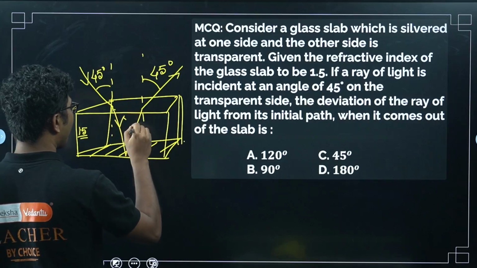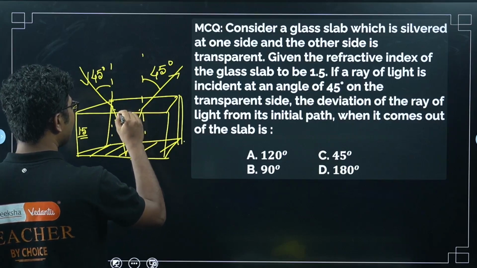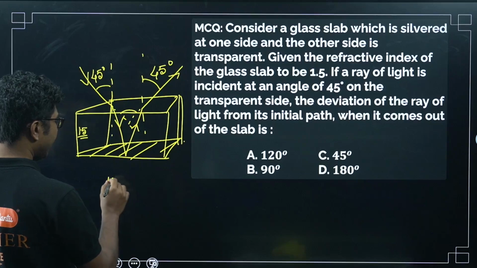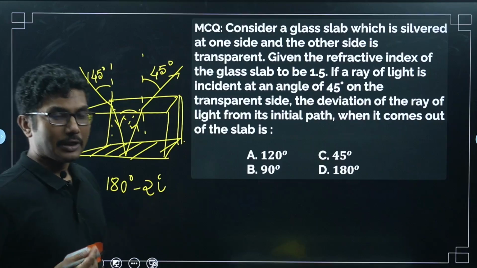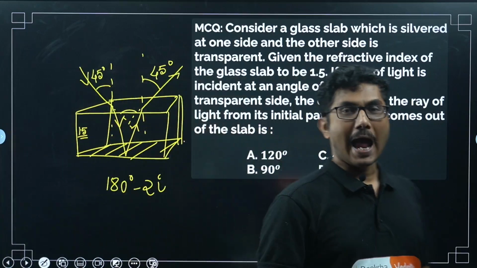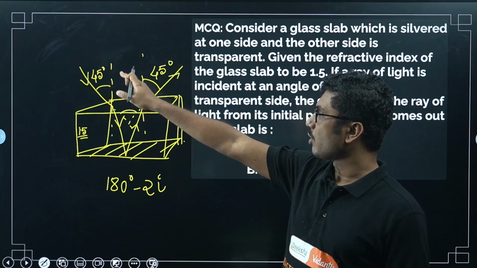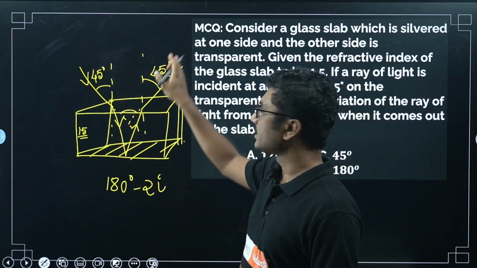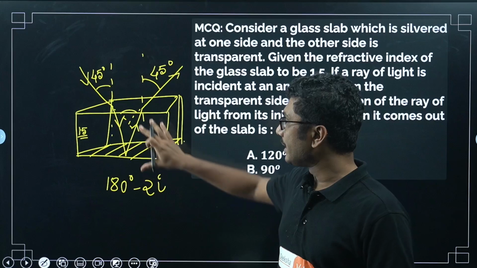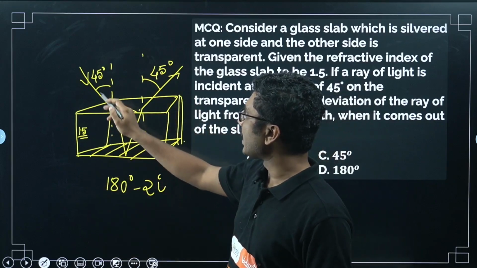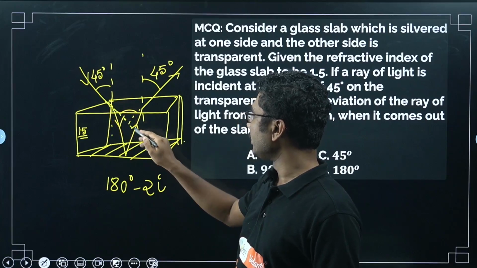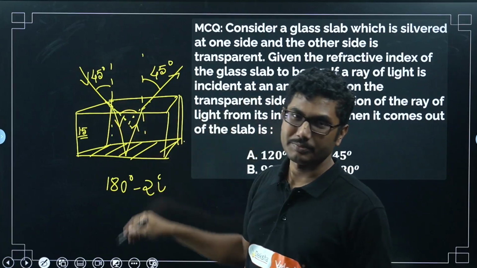Now if you extend this, then this angle will be 180 degrees minus 2i. Yes, because there is a deflection happening: it starts from one medium and after reflecting it comes back to the same medium. You can ignore the glass completely and assume that the light is actually going to this plane and deflecting from it.